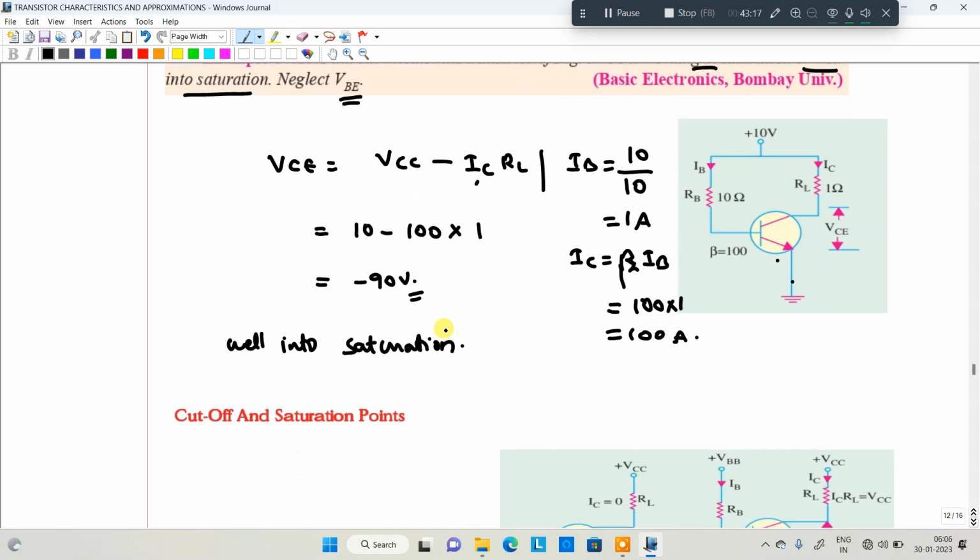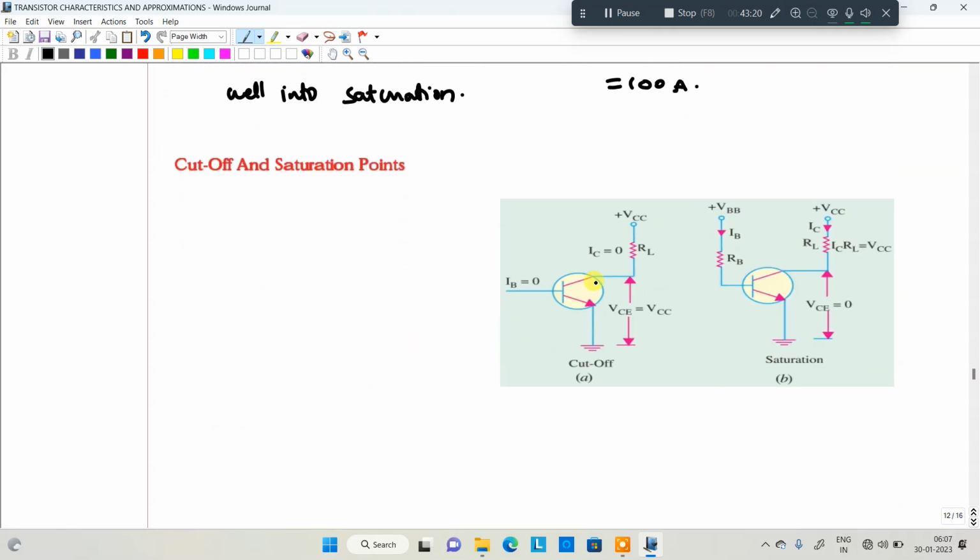Next, we are moving to the cutoff and saturation points. We will see from the diagram here. How to find out cutoff and saturation? See, VCE is equal to VCC minus IC into RL. In this particular case, the base current is equal to 0, collector current is equal to 0.